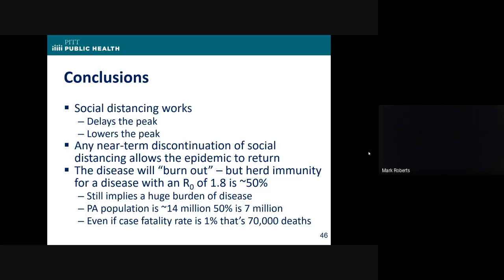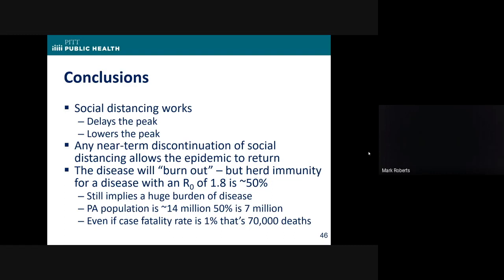When you think about any disease for which you don't have immunity, eventually it will burn out because you get herd immunity. If a disease is not very infectious, you get herd immunity at around 50 or 60% of the people, but that is still a huge number of people.